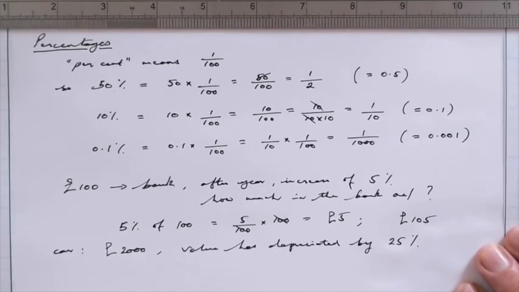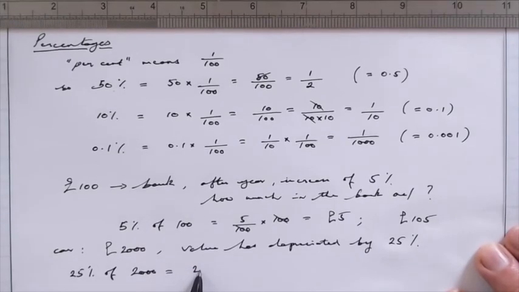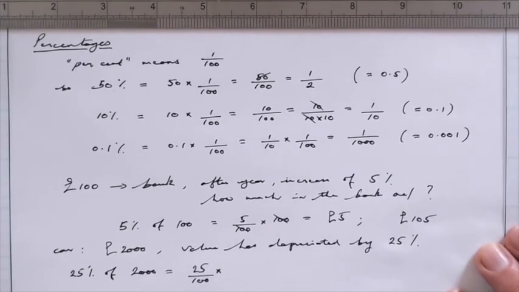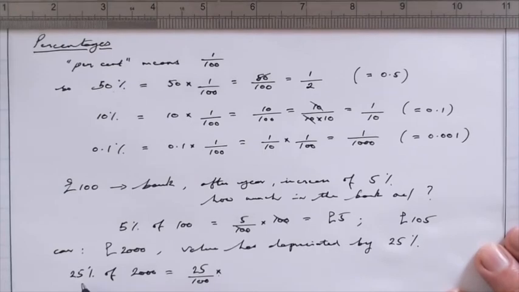So we want to know what the new value is. Now, depreciated means has gone down. So 25% of 2,000. So we have 25 over 100 is 25%. Remember I said in the fractions tutorials that "of" in a maths problem nearly always indicates that you need to be multiplying. So it's 25% of 2,000.